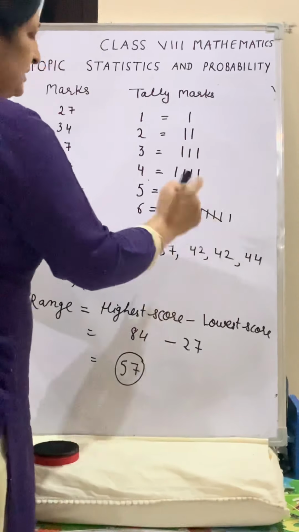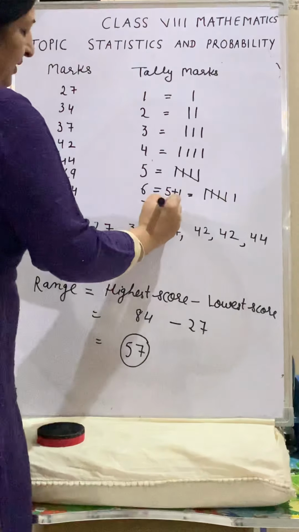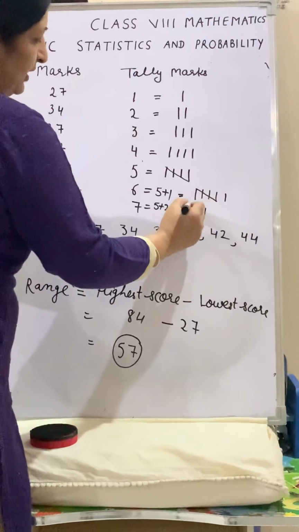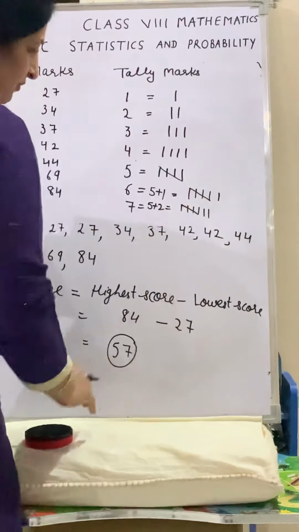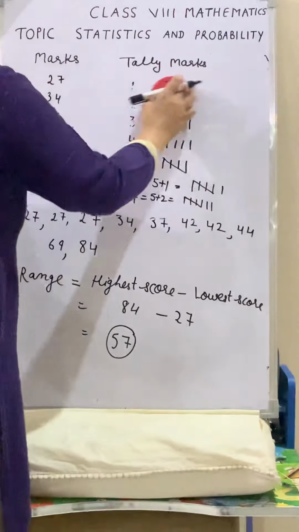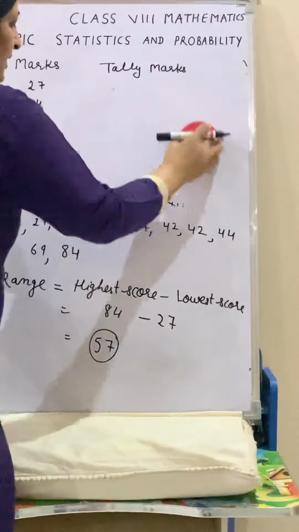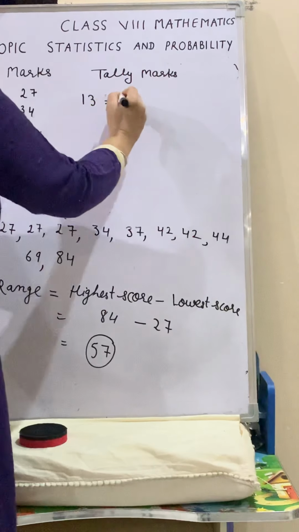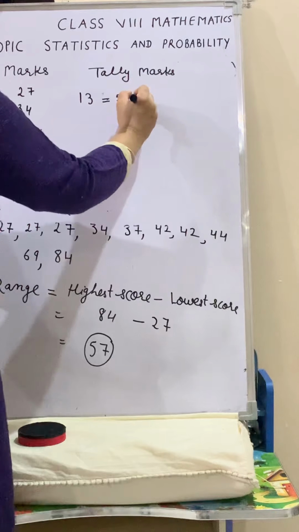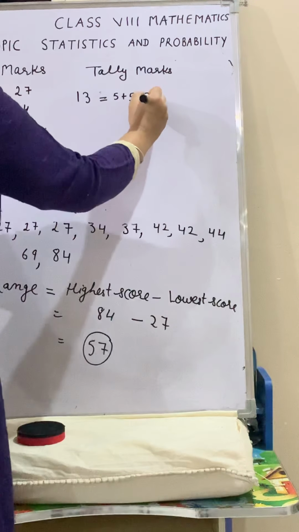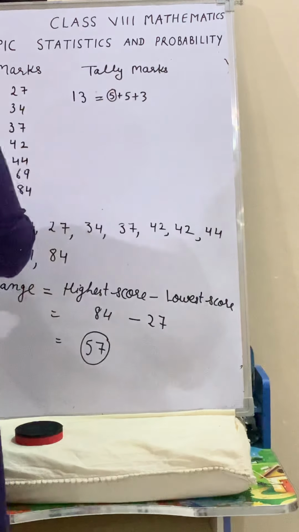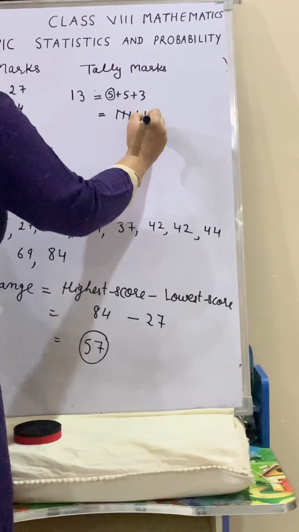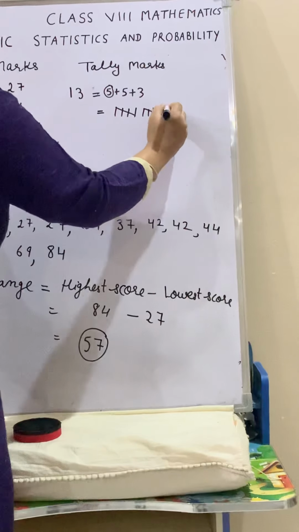It represents 6. If we write 7, it is 5 plus 2. When we write 13, how will we write tally marks? 5 plus 5 is 10, plus 3: two groups of 5 and 3 more strokes.